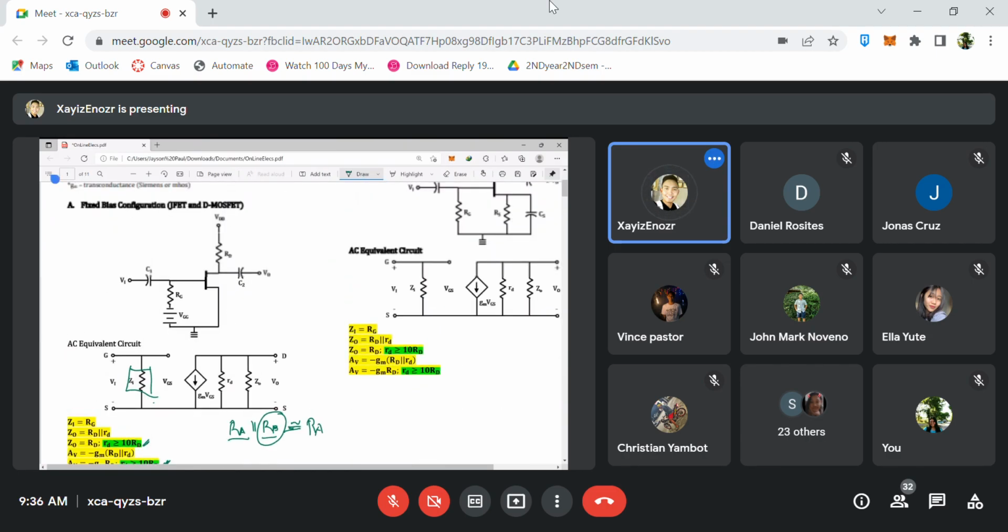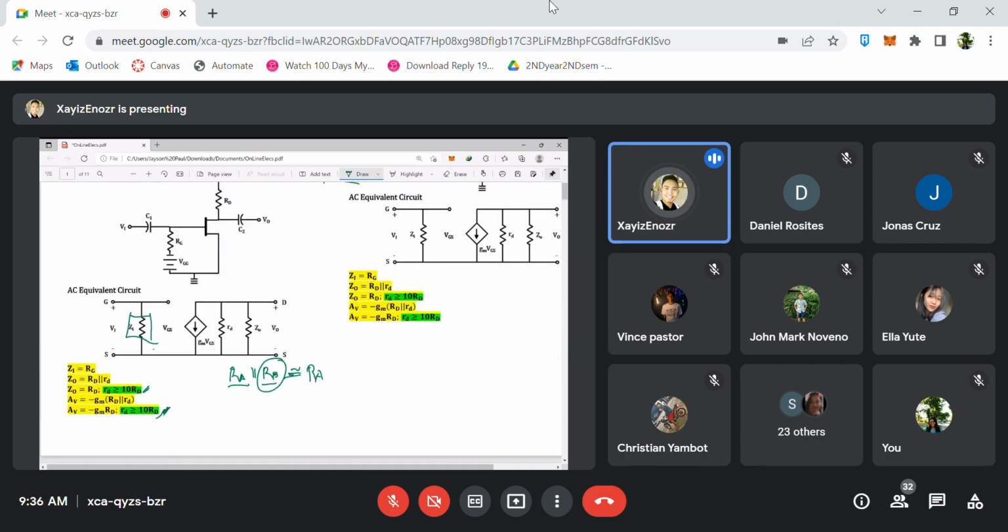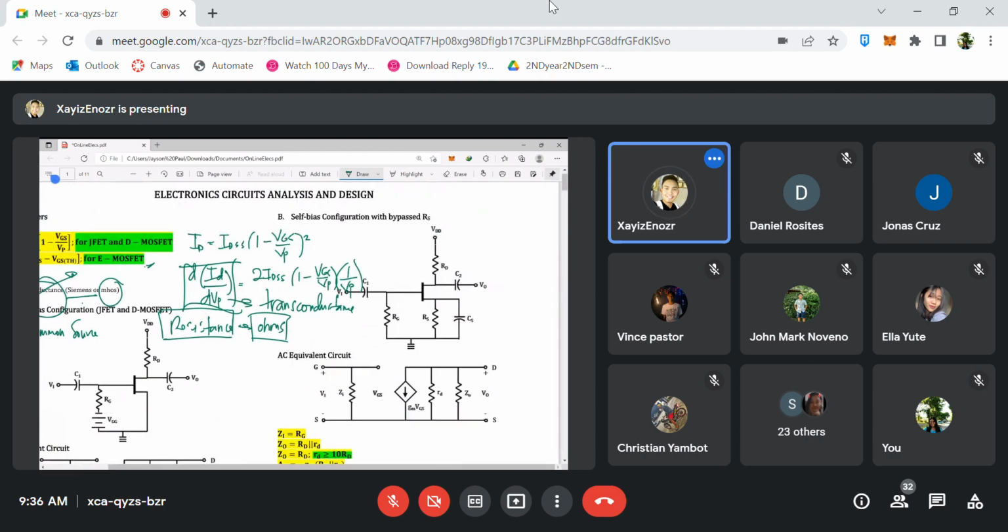Yan. Next natin is self-bias with bypass RS. So, ano ba ibig sabihin ng bypass RS? Pag sinabing bypass RS, meron tayong bypass capacitor, yung CS na ito, dun sa ating source terminal.